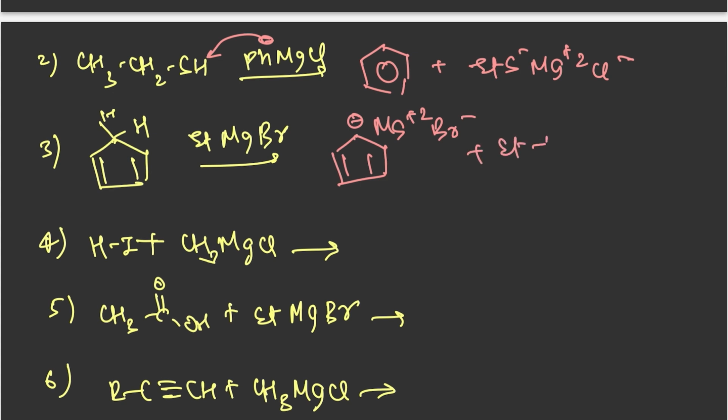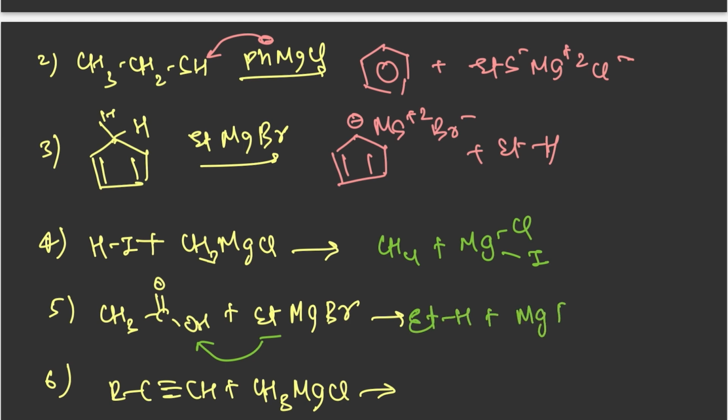Now third, CH4 plus MgCl I. Fifth, this will abstract this hydrogen. We will form CH3COO MgBr, Mg plus 2 Br minus and OCH3. Now this will abstract this hydrogen because this is acidic, CH4 plus MgCl C triple bond CH.